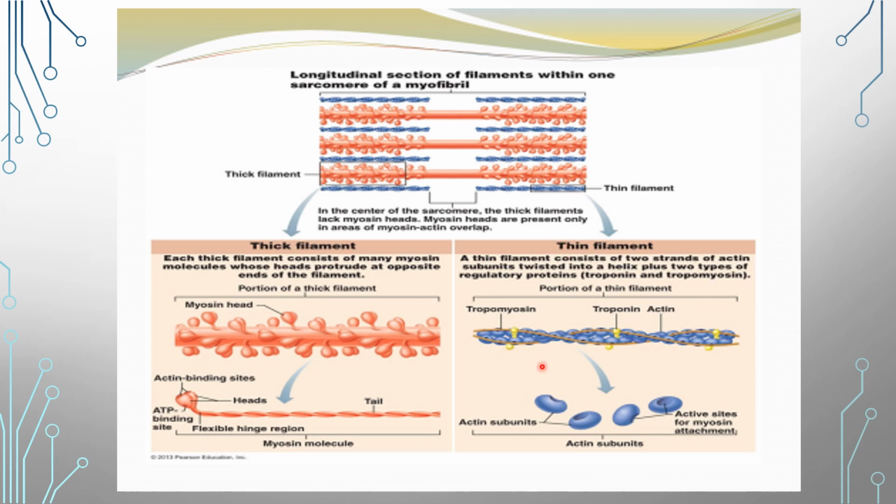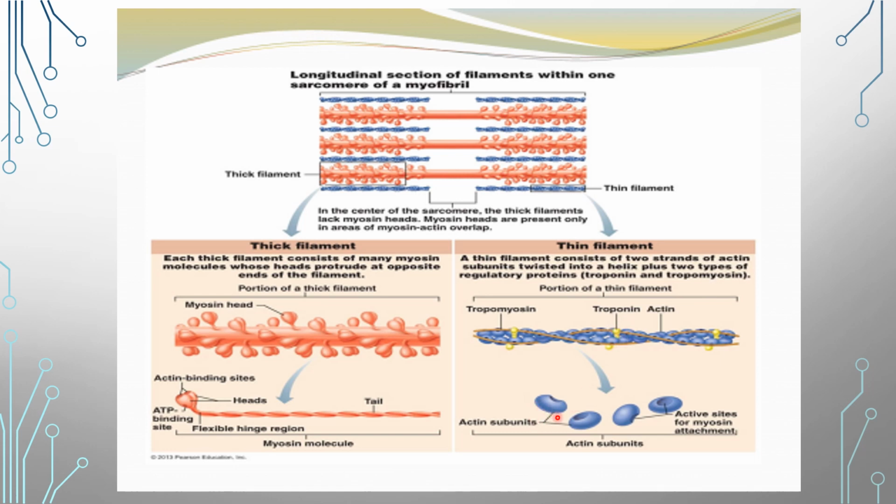Whereas in the thin filaments, there are two proteins, the troponin and the tropomyosin. The tropomyosin lies in a groove between the two actin filaments, and the troponin molecule is made up of three subunits, and it is attached over the tropomyosin.